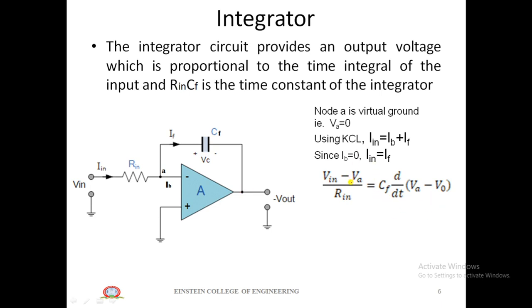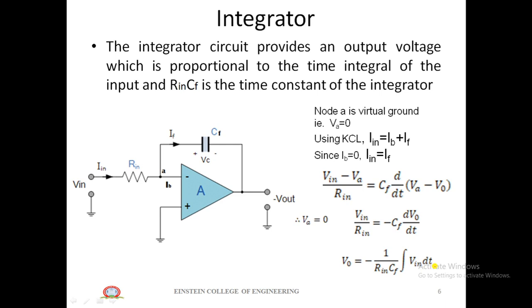Here we already said that V_A will be 0. So the equation becomes V_in by R_in is equal to minus C_F dV_0 by dt. Rearrange this equation to get V_0. So the equation becomes V_0 equals minus 1 by R_in C_F integral of V_in dt.